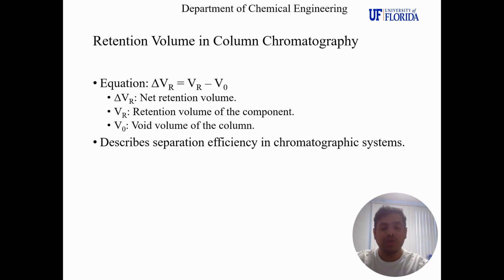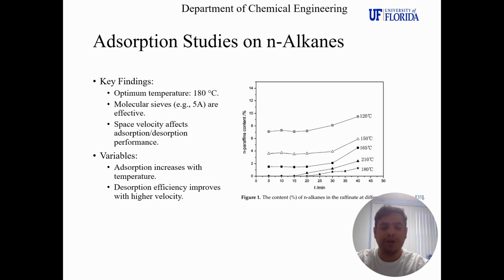Example: using molecular sieves to separate n-alkanes from isoparaffins, researchers observed temperature-dependent retention behavior, revealing 180 degrees Celsius as the optimal separation temperature. Experiments on n-alkanes demonstrate the effectiveness of molecular sieves.